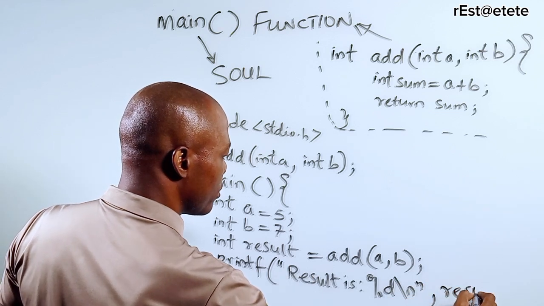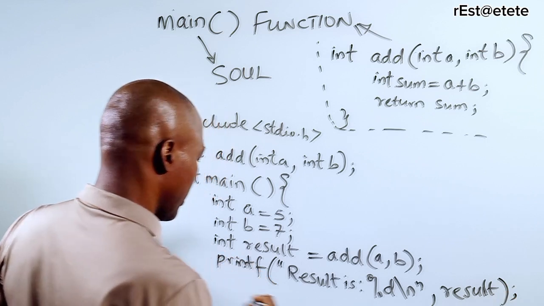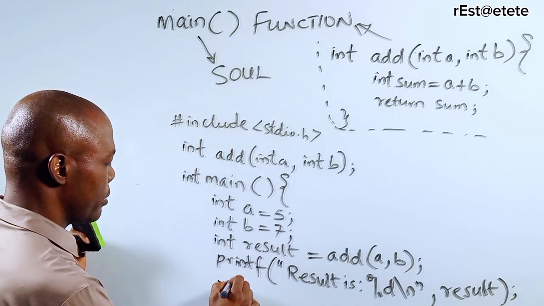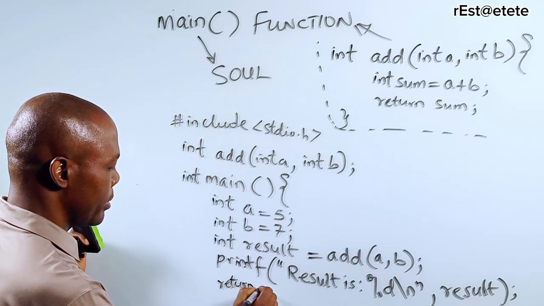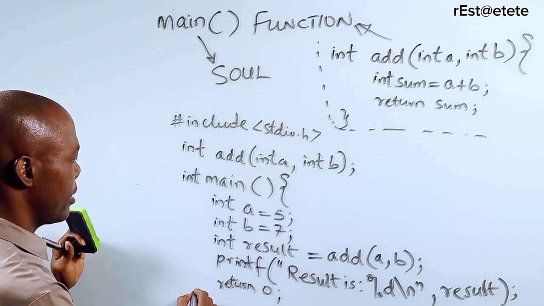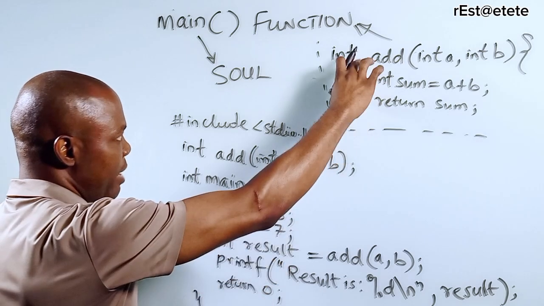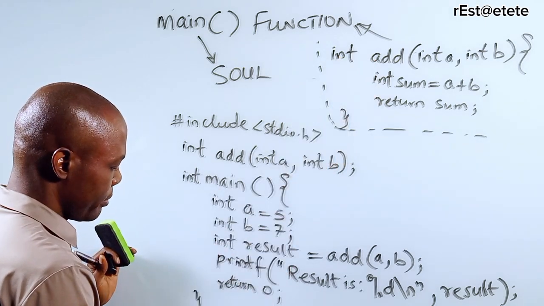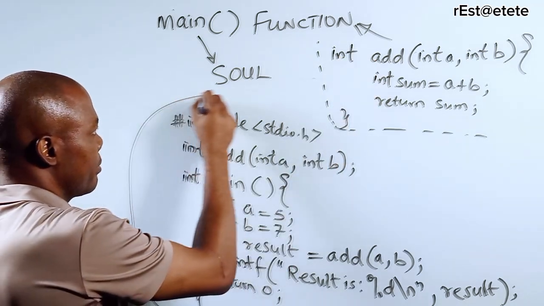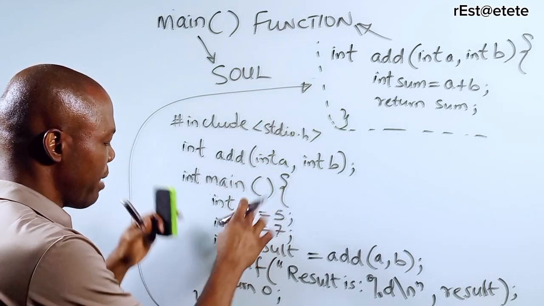Then I will say result. Then here I will say return 0. Then this, I'll close it here. Then my function should be here, right? I'm creating my function here. So this is my main.